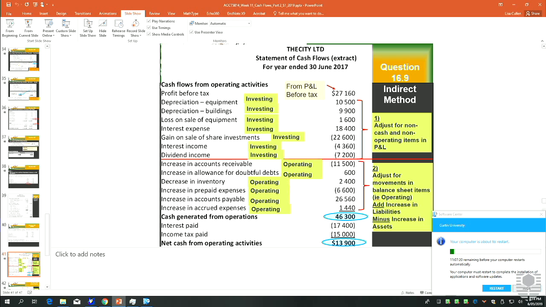So that's your accounts receivable, your accruals and prepayments and other payables. So your receivables, your payables, your accruals and prepayments, anything that relates to core operating activities. All right, and that reconciles back to your operating. And then we do your cash generated from operations and then your net cash from operating activities.